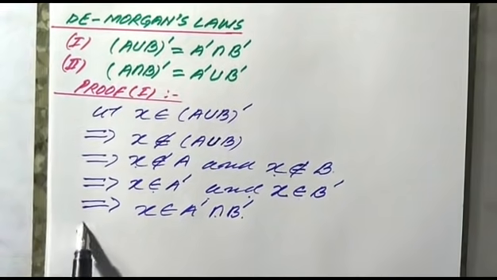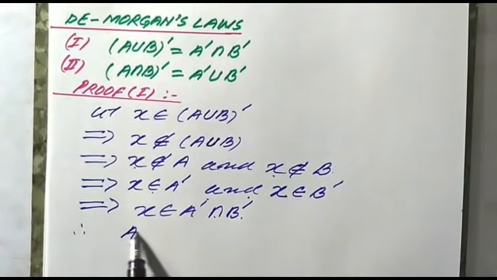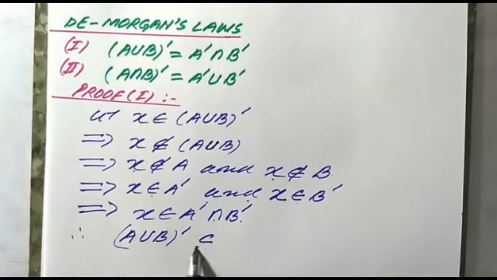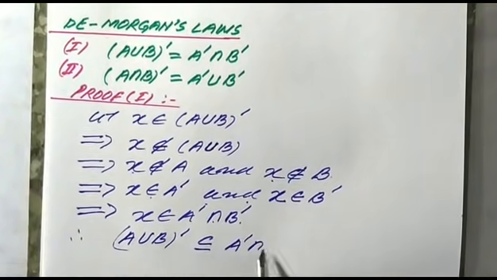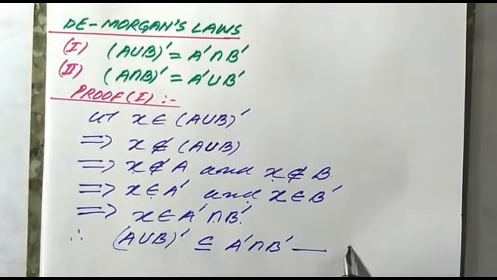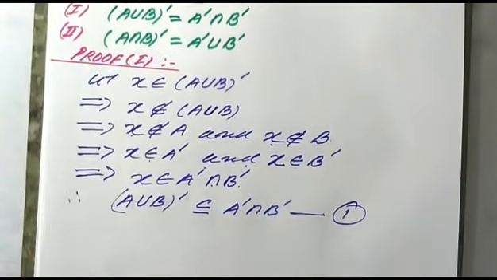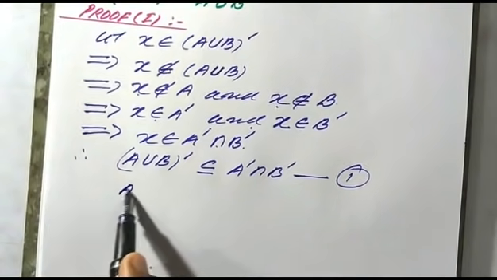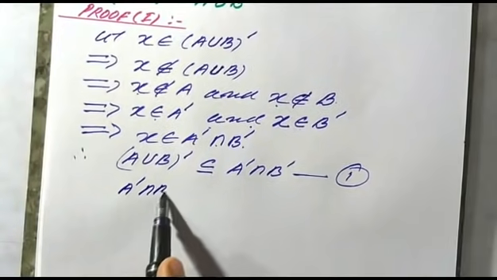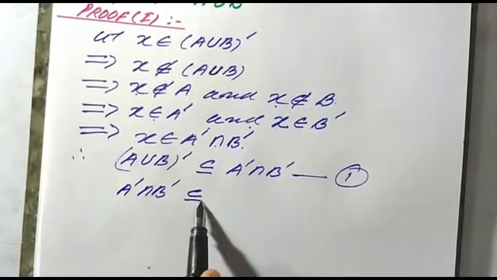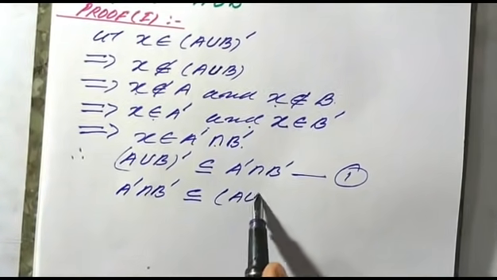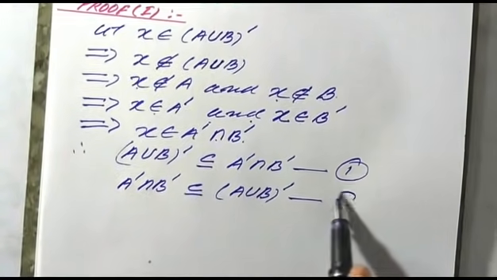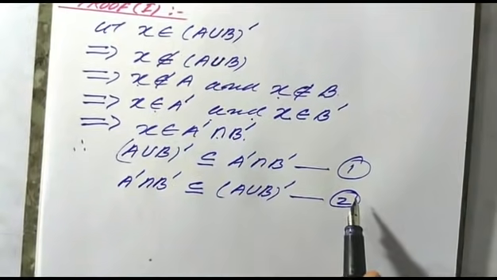It implies that A union B complement is a subset of A complement intersection B complement. Let it be equation number 1. And now in the same way we may prove that A complement intersection B complement is a subset of A union B complement, and we will make it equation number 2.